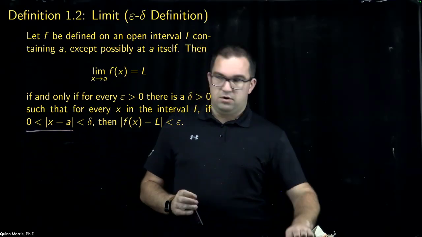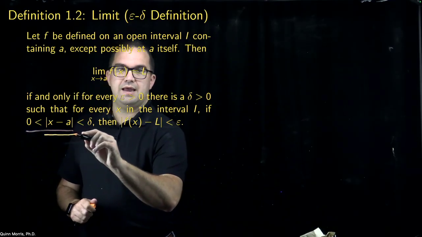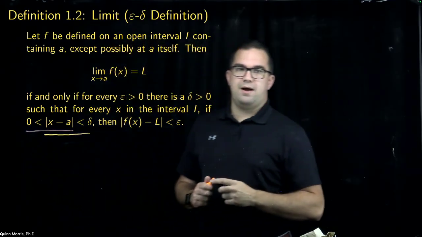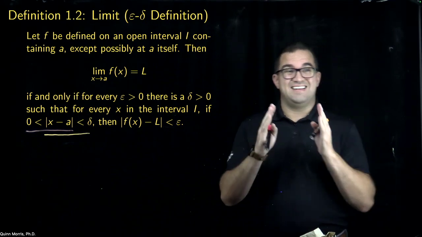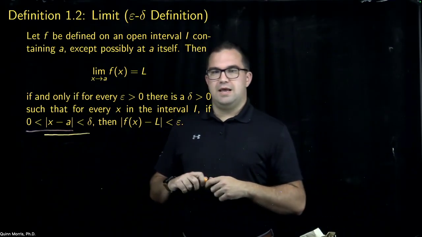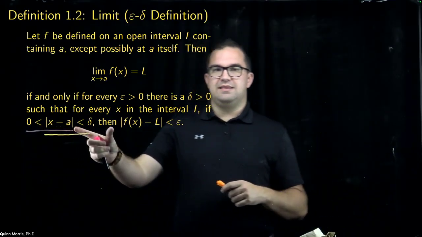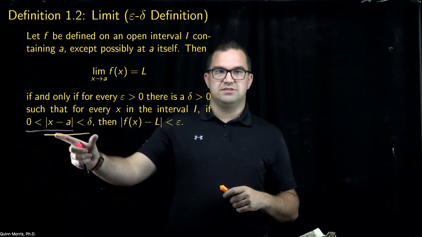On the other hand, the second half of this inequality is saying I'm worried about what's happening when x is close to a, when that distance is smaller than some delta. And what I'm doing is I'm looking at both of these cases. I want to make sure x is not equal to a, and I want to make sure x is close to a.